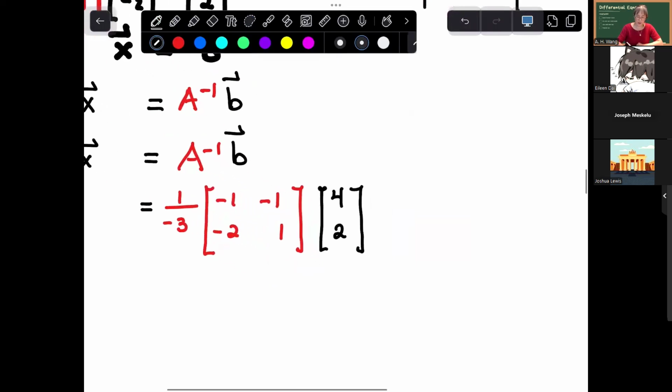Technically, you're supposed to go scale, scale, scale, scale, so everybody would be multiplied by the -1/3, and that would be too many fractions. So you are allowed to leave it in front and do it last.